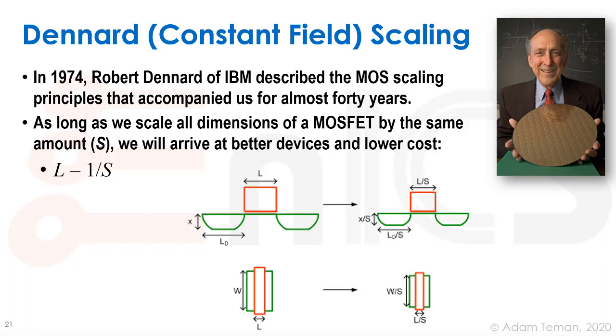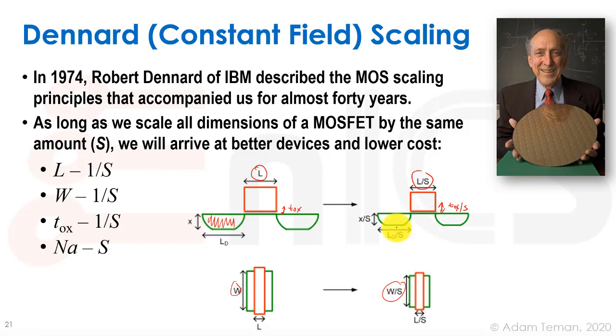In our high-level model, we're going to take the length of the transistor and scale it by S, so the length is going to go from L to L divided by S. The width of the transistor is going to go from W to W over S. The oxide thickness, which is not shown here, is going to go from Tox to Tox divided by S. The doping of the diffusions is going to grow by S, so from Na, we're going to go to S times Na. And VDD we're also going to reduce by S, as well as VT.